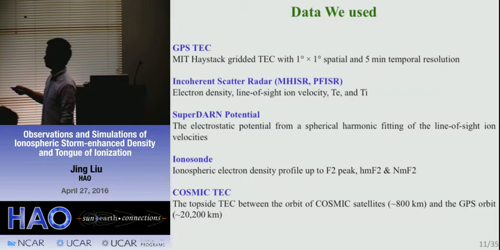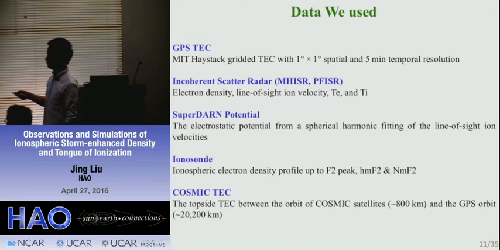They can provide us electron density and line of sight velocity. Based on line of sight velocity, we can derive the electric field and also the electron and ion temperature here. SuperDARN provides us the potential. The electrostatic potential is obtained from the spherical harmonic fitting of the line of sight ion velocities.